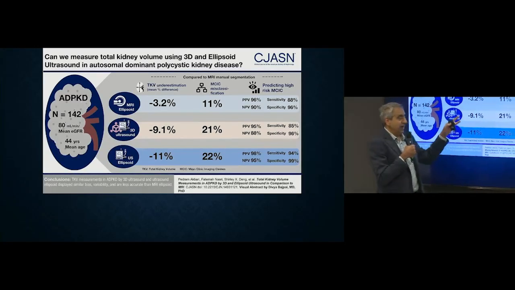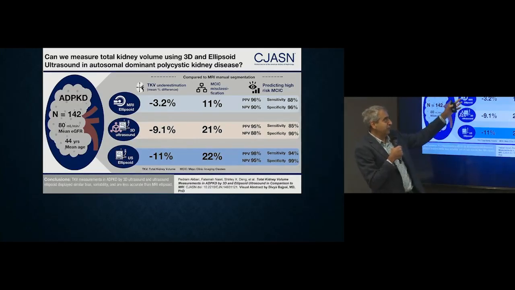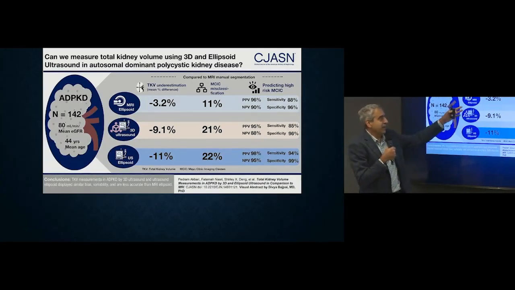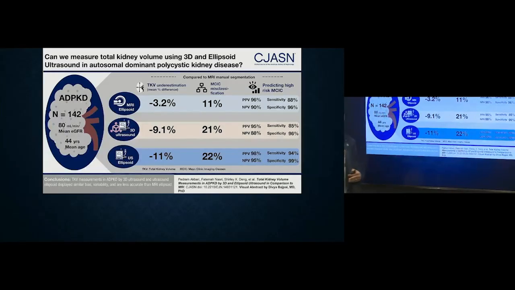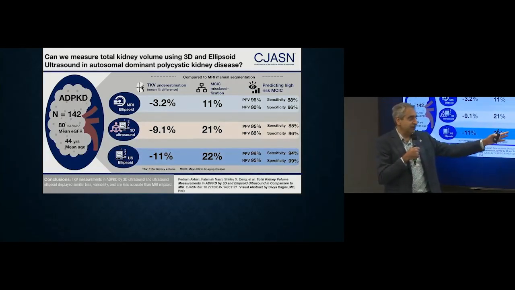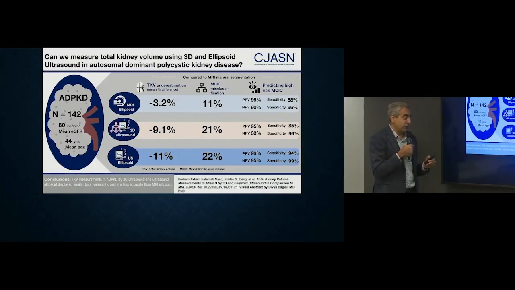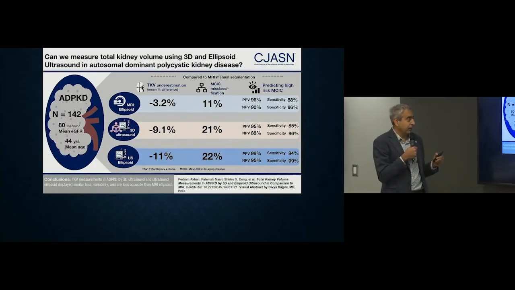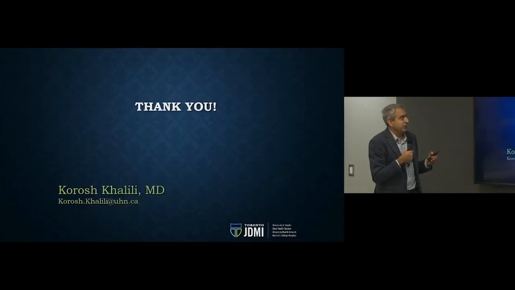It's not going to be as reproducible and as accurate as the different methods using MR and CT scan. But in terms of trying to determine who requires therapy and who does not, it does a fairly decent job, fairly similar to the ellipsoid formula using MR as well. And I will stop right here. Thank you very much.